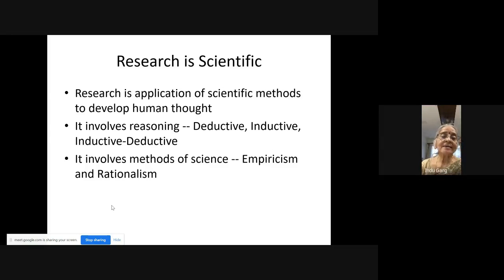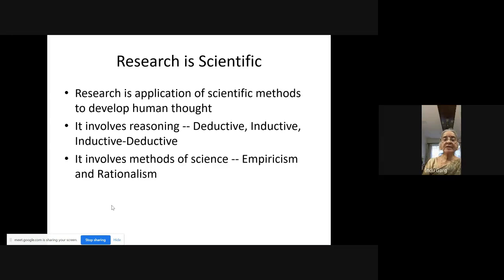So, as I said, research is scientific. It is the application of scientific methods to even develop human thought. It involves reasoning. I'm sure all of you must have learned a little bit about deductive thinking and inductive thinking and inductive-deductive thinking. So what basically it means is, when we have a general idea about something, maybe a definition, maybe an answer, we look for solutions.